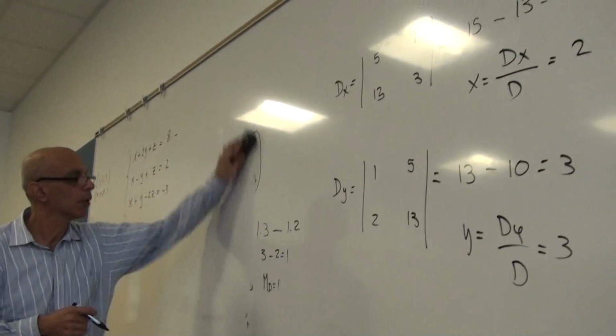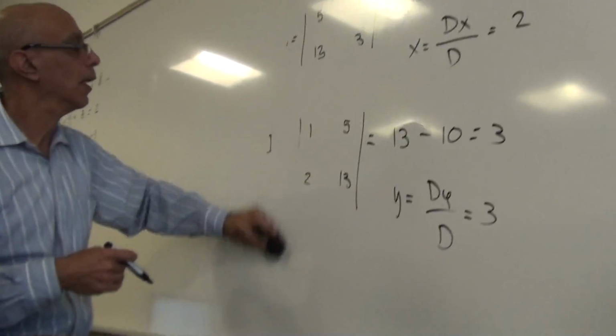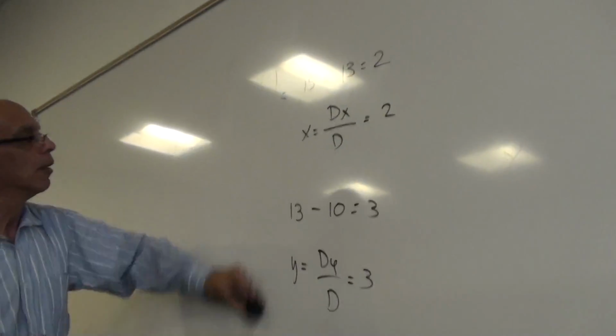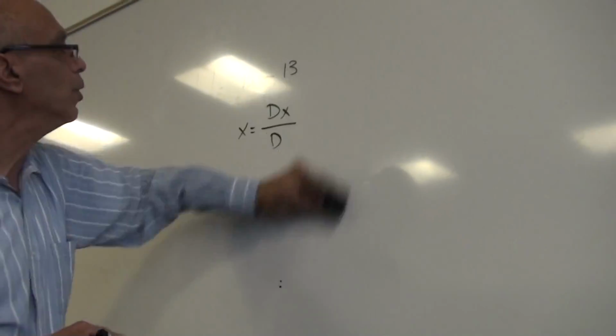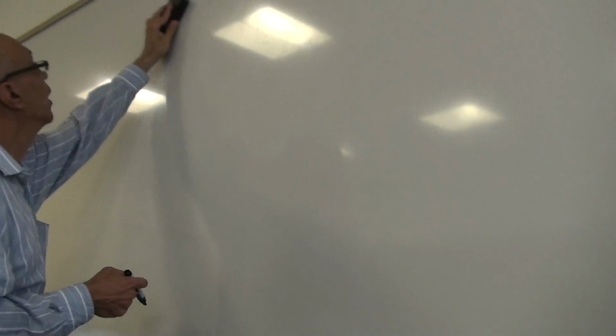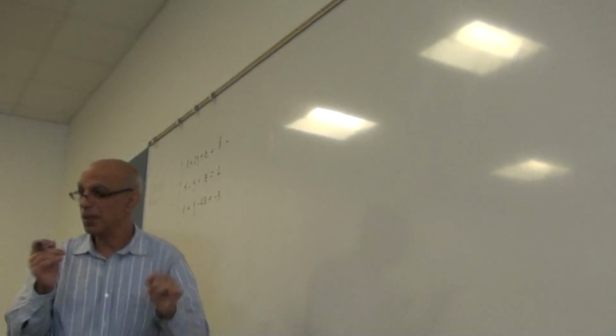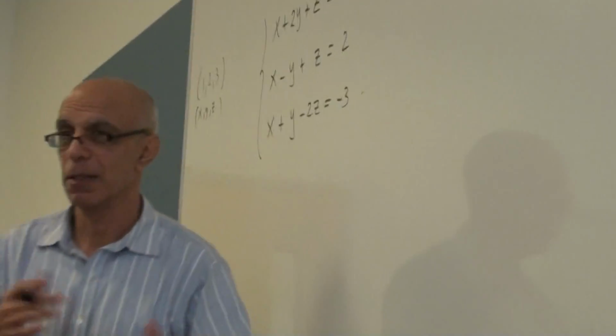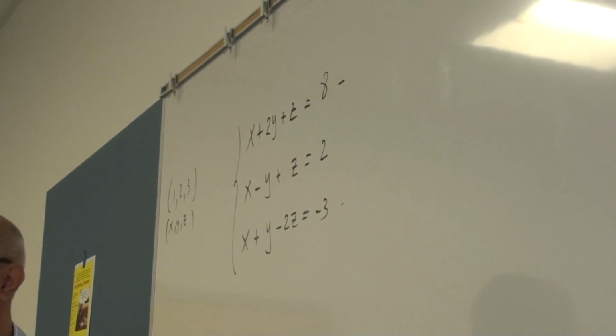Let me erase here first. And when you do this, you've got to be very careful, okay? Because any little number or sign that you forget, that's it, you get it wrong.